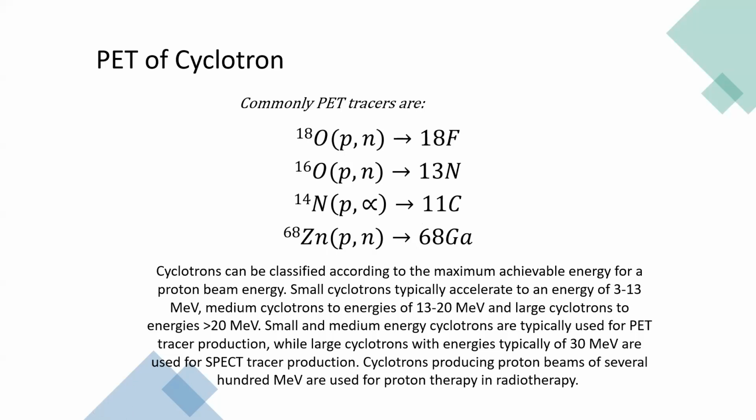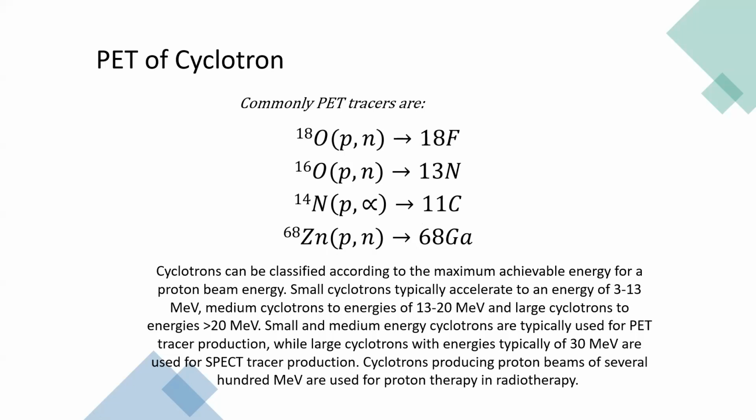So cyclotrons can be classified according to the maximum achievable energy for proton beam energy. We have small, medium, and large cyclotrons. Small cyclotrons accelerate to energy from 3 to 13 mega electron volts. Medium cyclotrons from 13 to 20 mega electron volts.